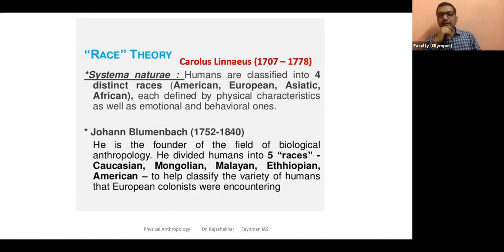We talked about somatotyping. Some of the anthropologists have attempted this, that they wanted to connect the body type to their behavior and their nature. Similarly, Linnaeus classified humans based on their physical as well as emotional and behavioral characteristics into 4 subgroups: American, European, Asian, and African. So this happened in the 18th century.